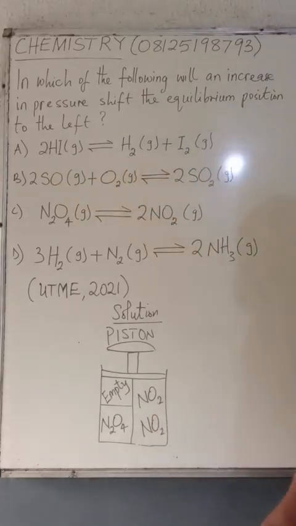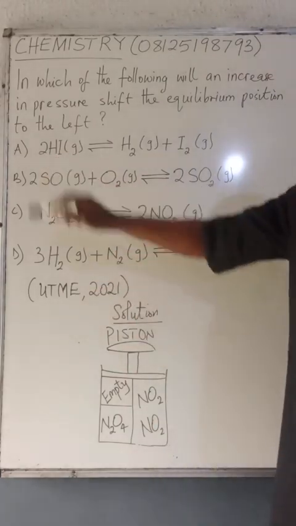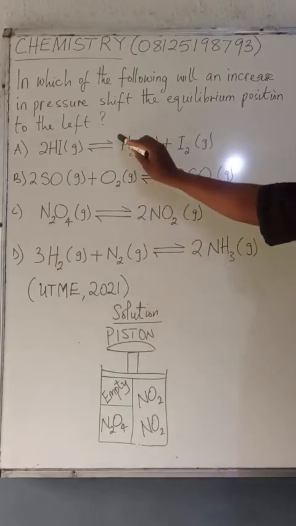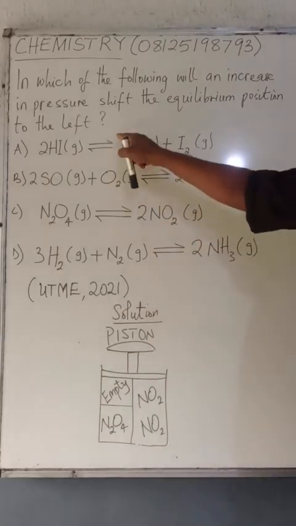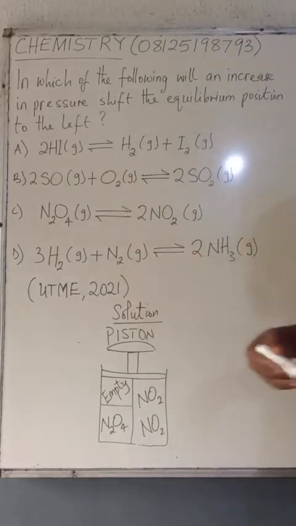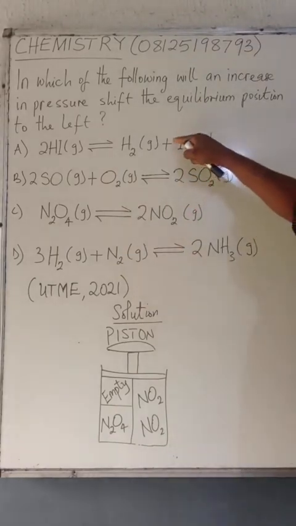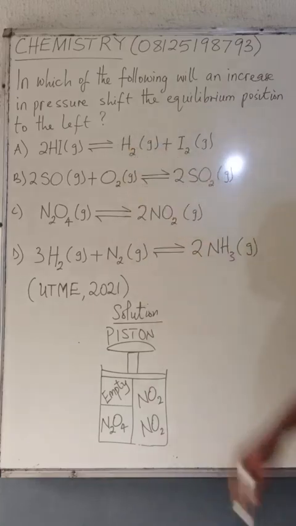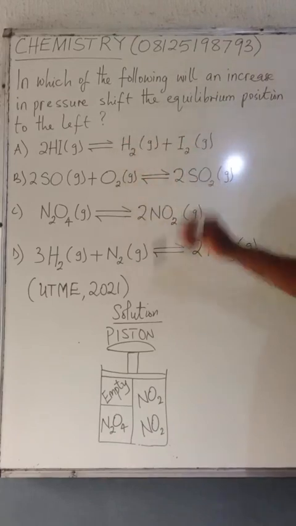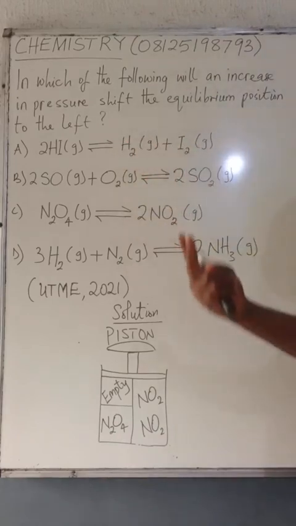Now let's check the volumes of the reactant and products. The volume here is 2. What is the volume here? No coefficient is written here, so 1 is understood to be there. The same thing with this. 1 volume of hydrogen and 1 volume of iodine. So 1 plus 1 equals what? Equals 2.